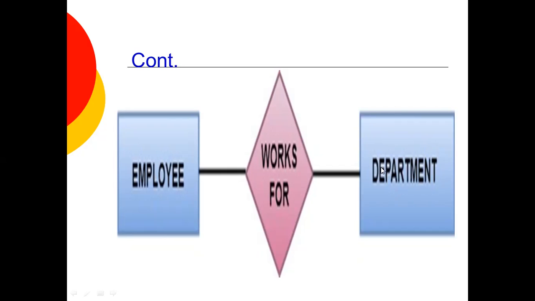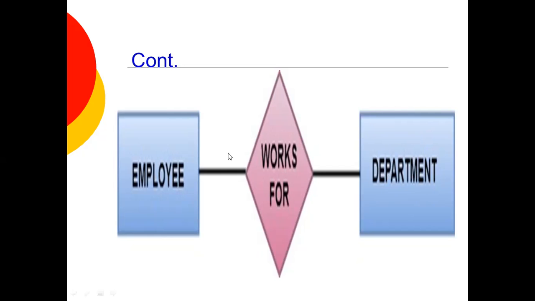Similarly, the department is another entity, in generalized form, and there are a number of different items related to the department, so we can form a collection, which is called the entity set for the department.